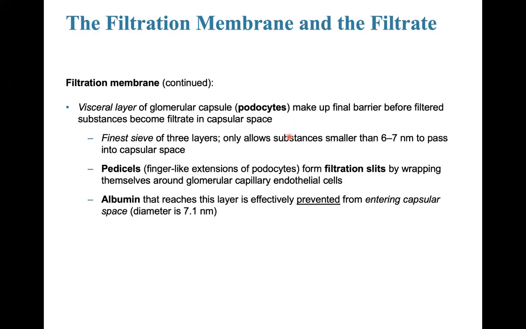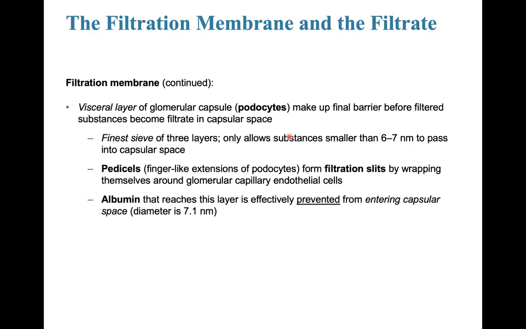The visceral layer of the glomerular capsule, which is the podocytes, will make up the final barrier before filtered substances become filtrate within that capsular space. It's the finest sieve of the three layers. It only allows substances smaller than 6 to 7 nanometers to pass into the capsular space.